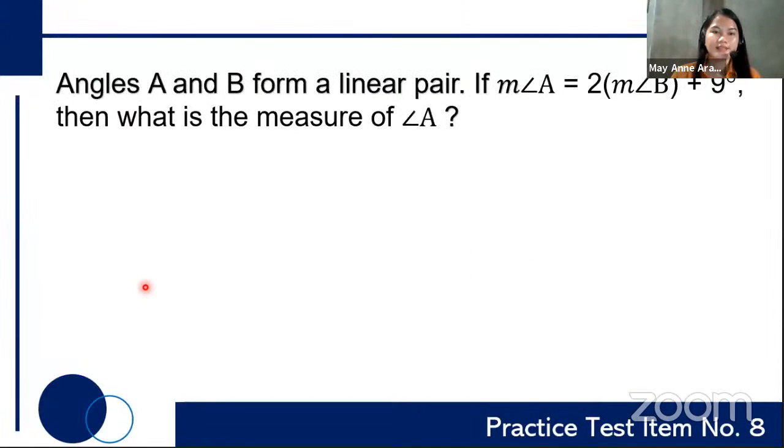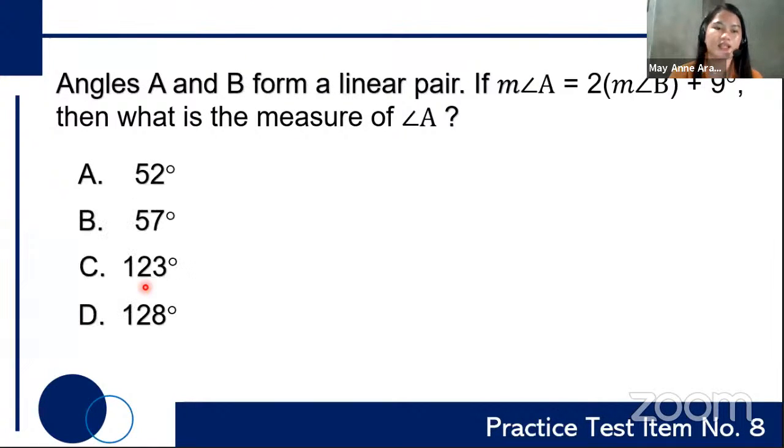Next, angles A and B form a linear pair. So if the measure of angle A is twice the measure of angle B plus 9 degrees, then what is the measure of angle A? So we have 52 degrees, 57 degrees, 123 degrees, and 128 degrees.